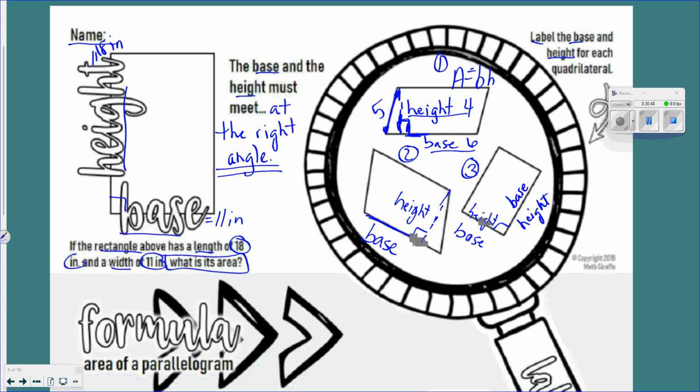We know that the formula for a rectangle is what? Area equals, technically it's length times width. That's why they did length and width. Okay? So if I use the numbers they gave me, my base or my length was 11 inches times my height or my width, 18 inches. 11 times 18 is going to give me, good job, Evan.